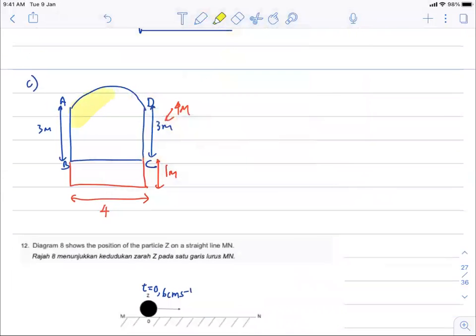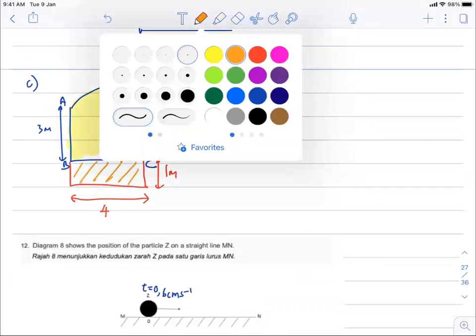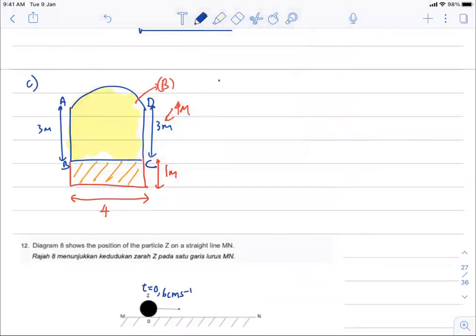This area is the area that we already know. We have found this in part B. So what we want to find is this part. I call it the new area. The new area will be 4 multiplied by 1, because area is width times height. That gives 4. And then we want the total surface area.